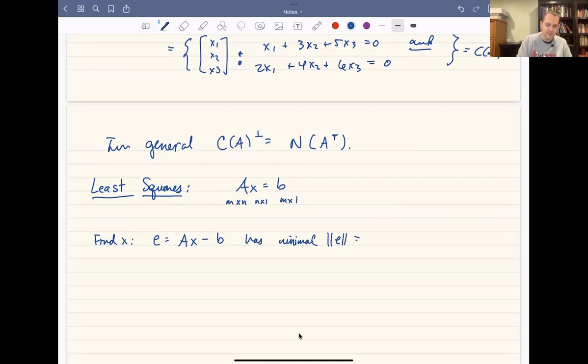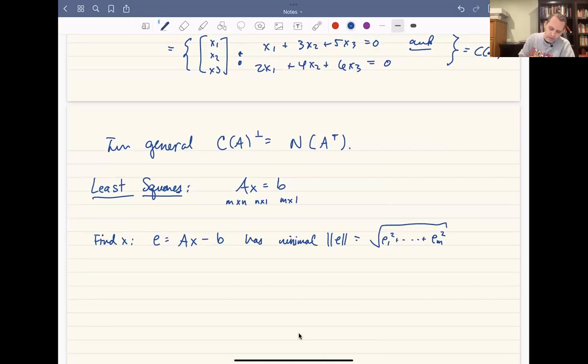E is just going to be some vector, an m by 1 vector. So this is going to be E1 squared all the way up to EM squared. And so what we want to do is minimize the sum of the squares, because we're trying to minimize the length of that vector, hence the name least squares. Okay, so this is really a linear algebra thing.